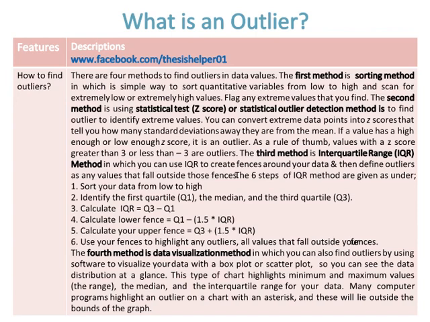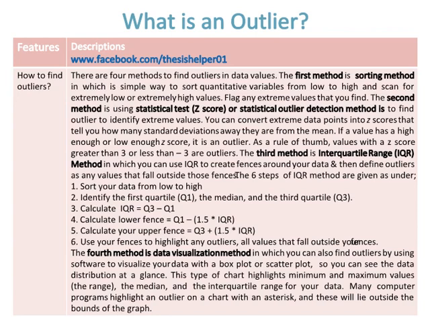Step 1 is sort your data from low to high. Step 2 is identify the first quartile, Q1, the median, and the third quartile, Q3. Step 3 is calculate IQR by subtracting Q1 from Q3.